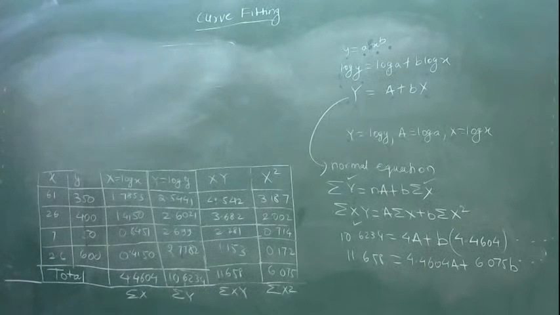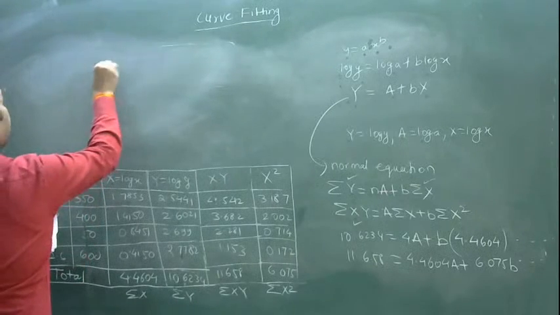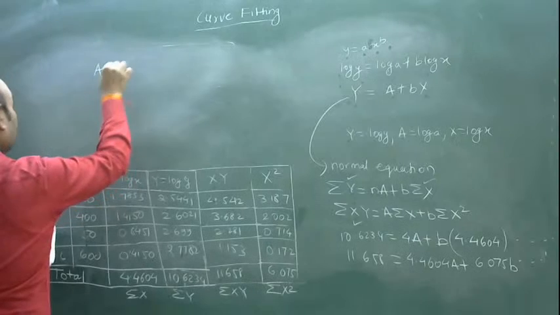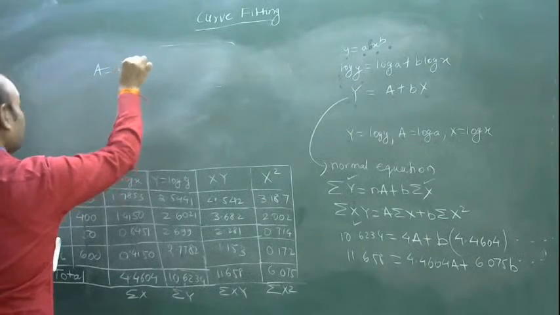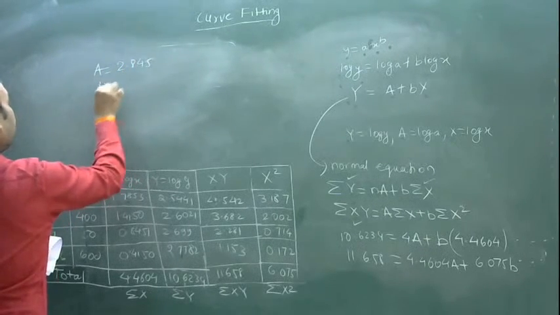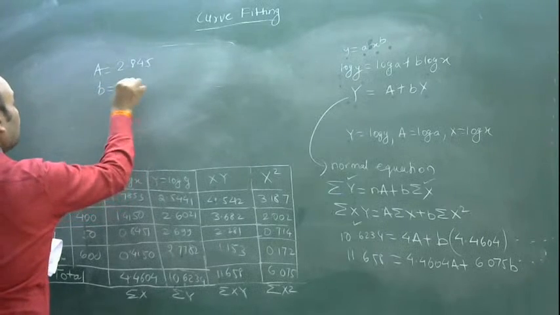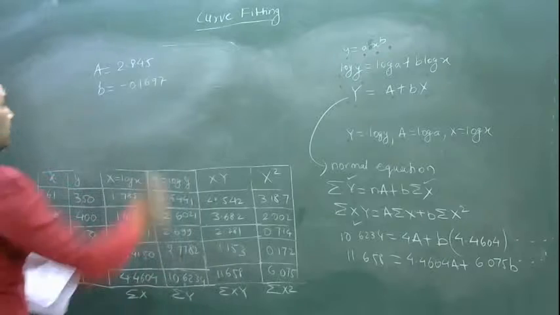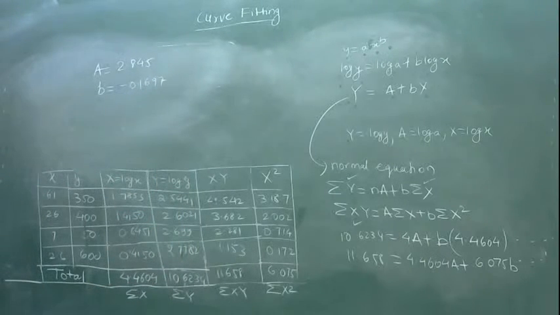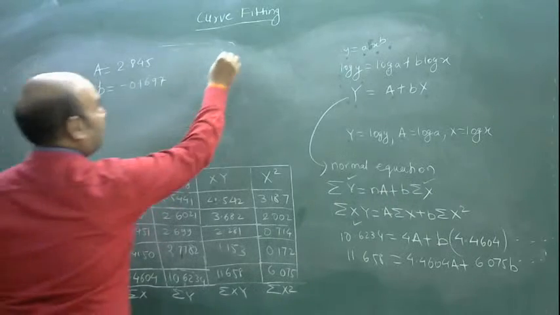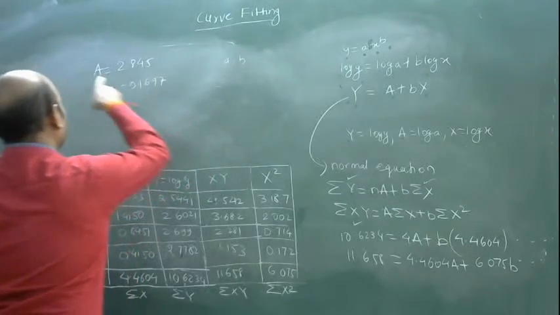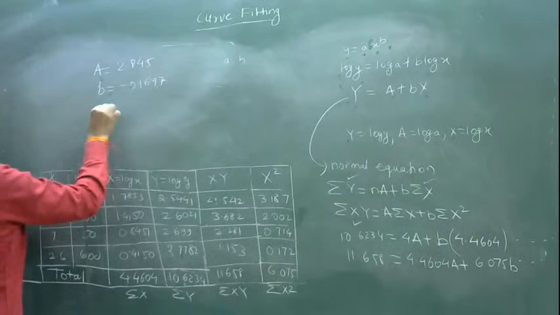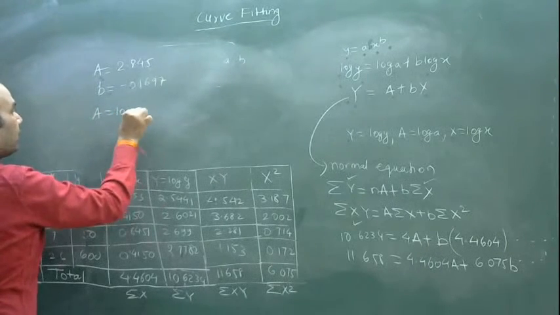On solving this, capital A is 2.845 and small b is minus 1.697. So we have calculated the values, but capital A is equal to log a, and you have to find a.